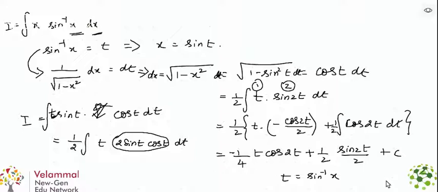So when any question comes in inverse trigonometric, we substitute the inverse trigonometric function as t and then proceed. And remember children, t can be just replaced by sine inverse of x. Give me a second.